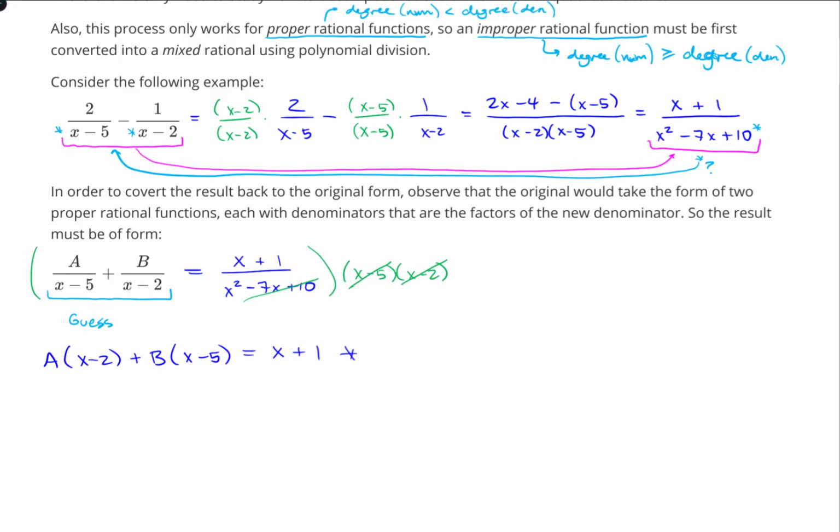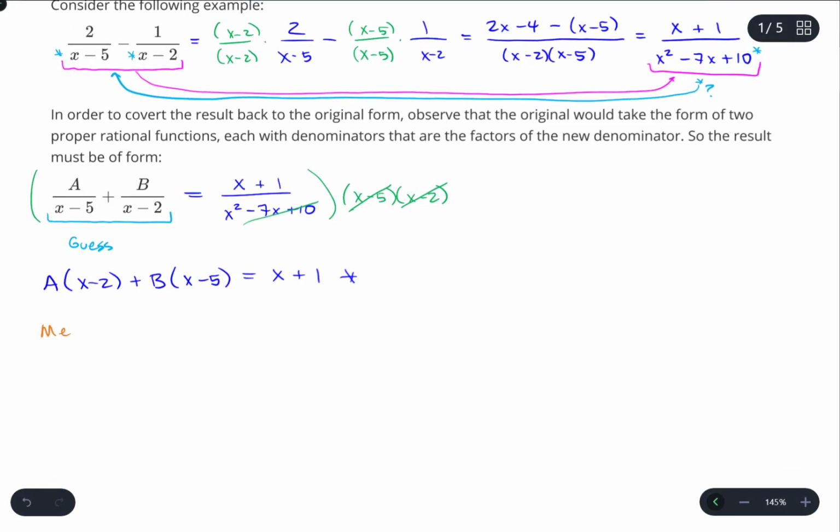It's effectively linear. We just need to determine a method of figuring out what the values of A and B are. And there's a couple of ways of doing that. So the first method is choosing strategic values of x.